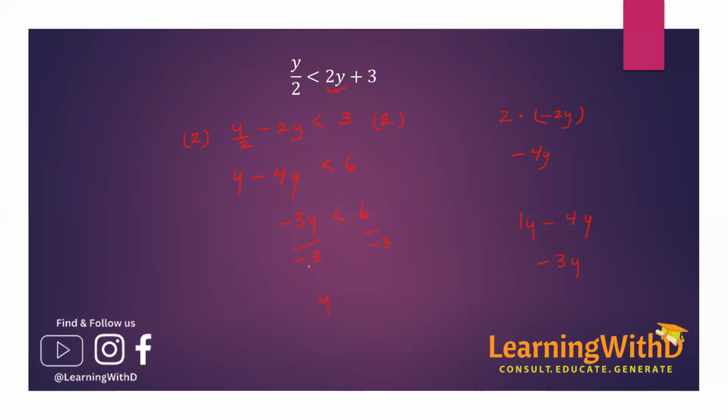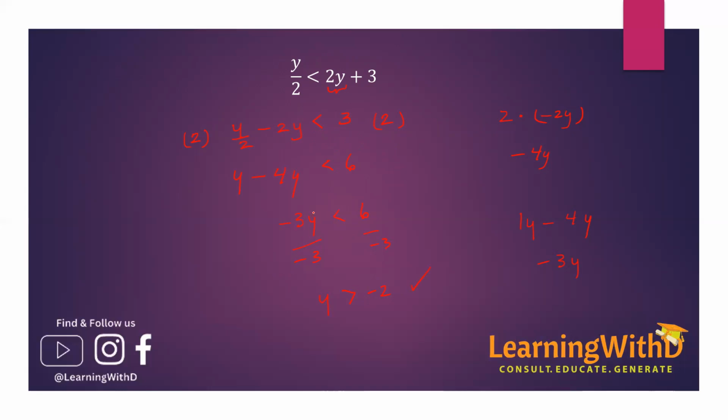Whenever we divide by a negative number across an inequality sign, meaning we divided here and here, right, to cross the inequality sign, we change the inequality to the opposite side. So this less than is now greater than, and this now is negative 2. 6 divided by negative 3 is negative 2. And that's my answer.